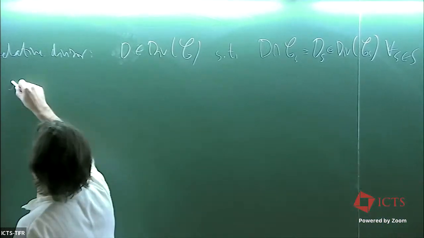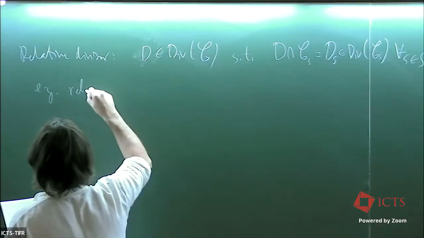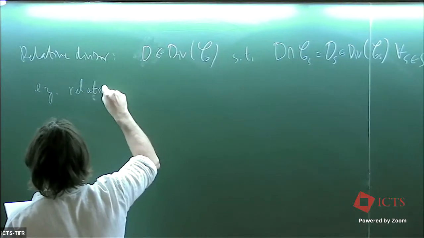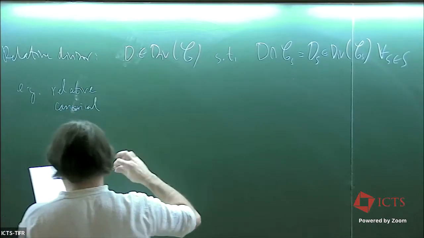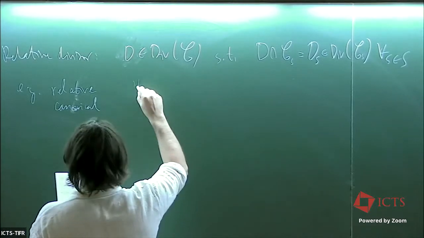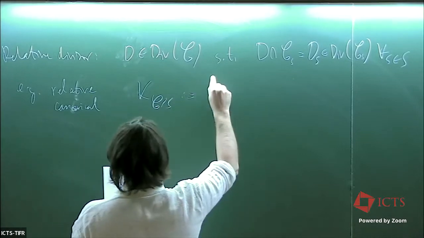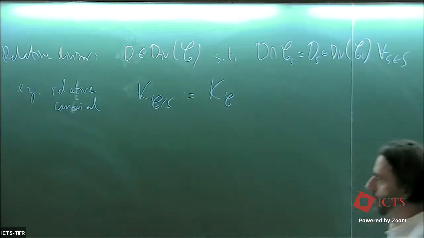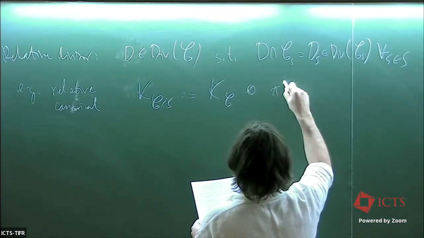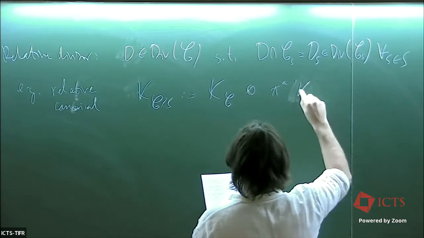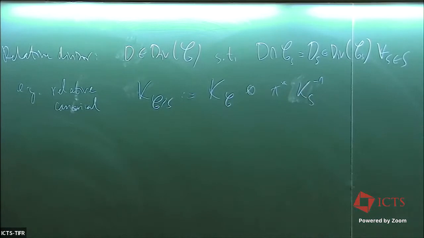The main example is the relative canonical divisor. It's the canonical divisor of C, but then I tensor with the pullback of the anti-canonical divisor on the base.